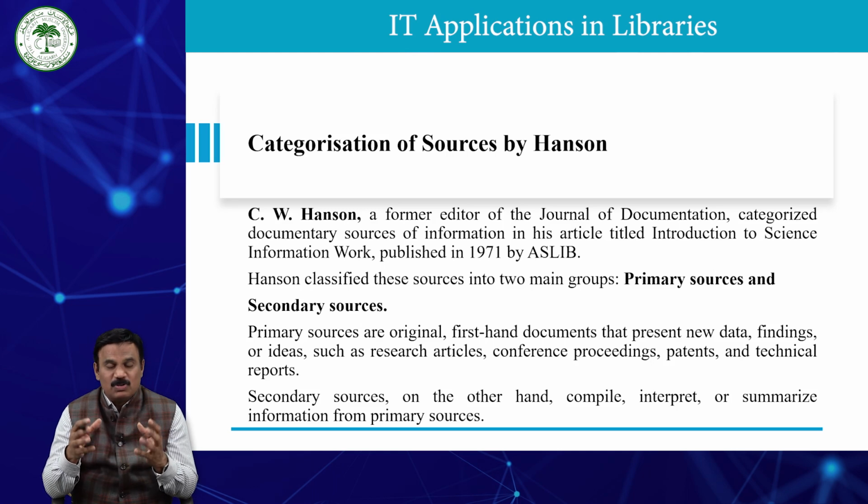Primary sources are original, first-hand documents that present new data, findings, or ideas, such as research articles, conference proceedings, patents, and technical reports. The secondary sources, on the other hand, compile, interpret, or summarize information from primary sources.